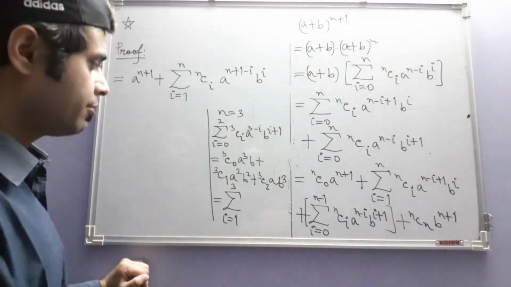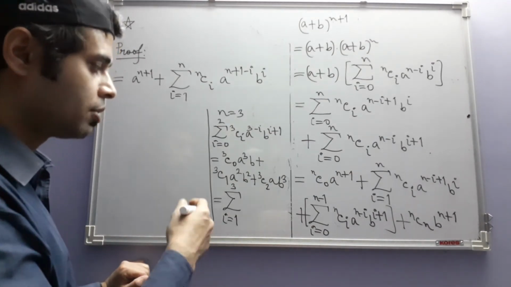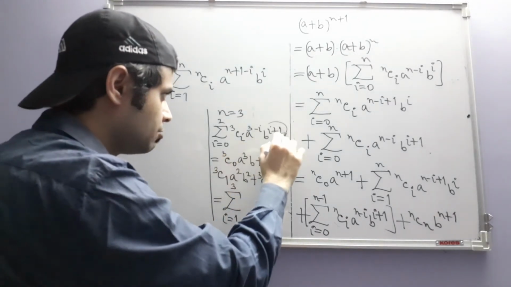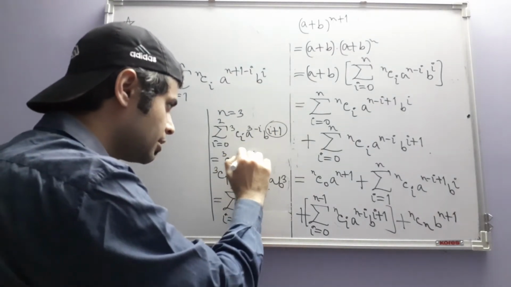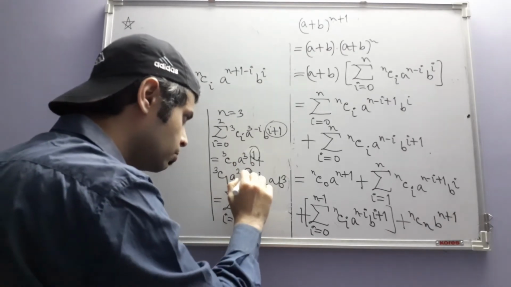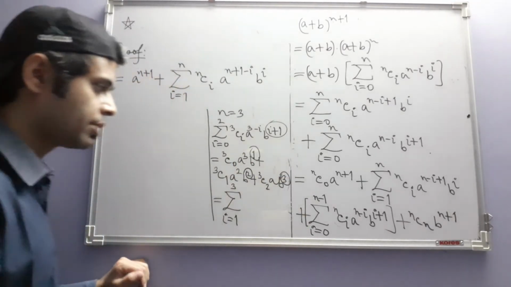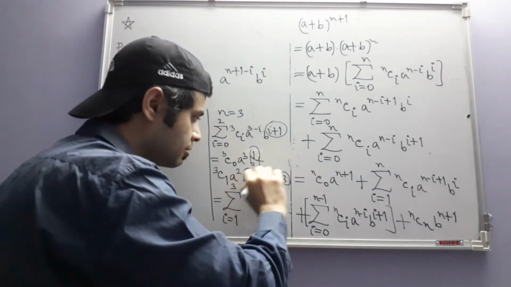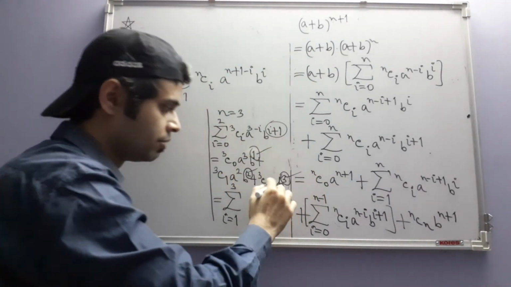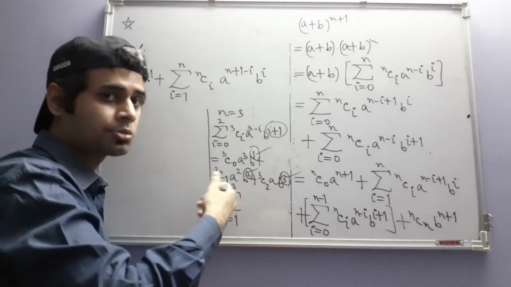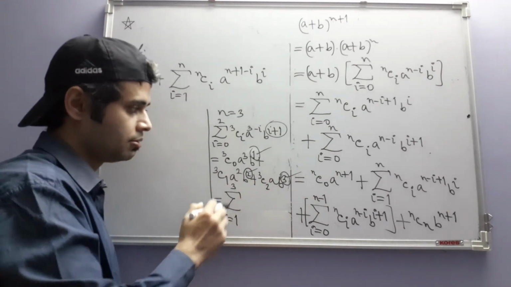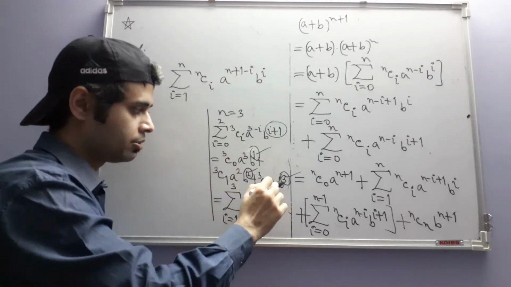If I am saying i is varying from 1 to 3, you see here, since we have i plus 1, here we have 1, 2 and 3. If I am deciding to consider the exponents of b as my index of summation, then i varies from 1 to 3.